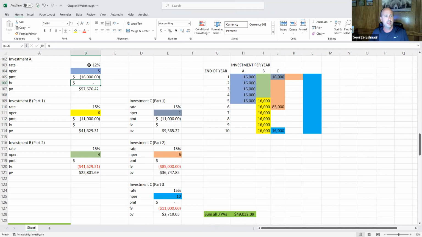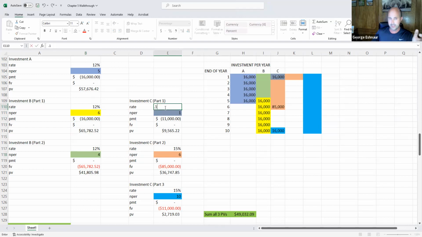So again, if you build it out the right way and you just take your time with it, it will adapt to whatever we need it to be. Make sure everything's aligned the way you need it to. If you build it the way I built it and adjust your parts, understand what needs to be done, and make sure everything's in order, then if we adjusted from 15% to 12% and from 11,000 to 16,000, it would be easy to make these adjustments.